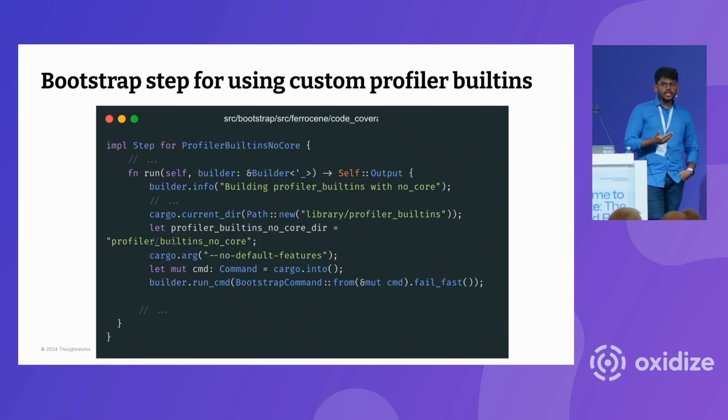For that, we just pass no default features in the process. So we create an rlib out of that. That's what you see in this particular slide. This is the build step, which has this profiler built-ins no core. At the end of this process, we have this version of profiler built-ins without the core dependency.